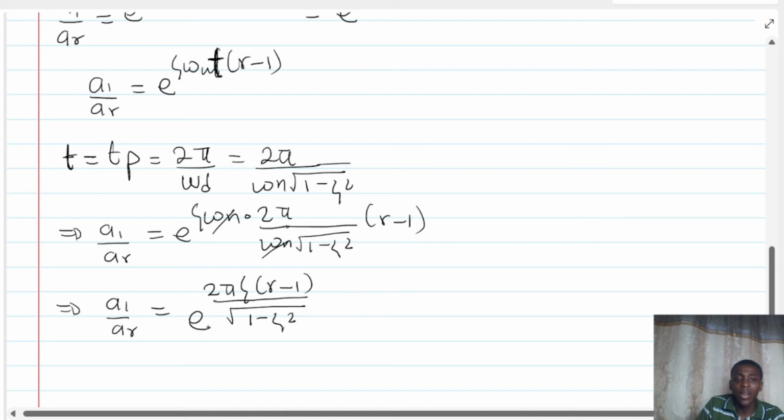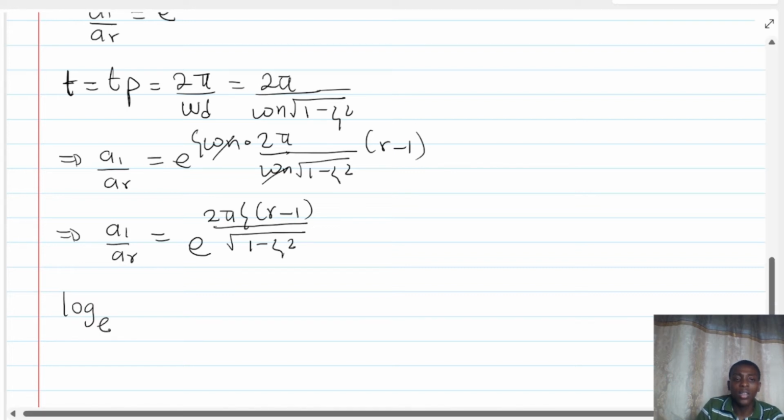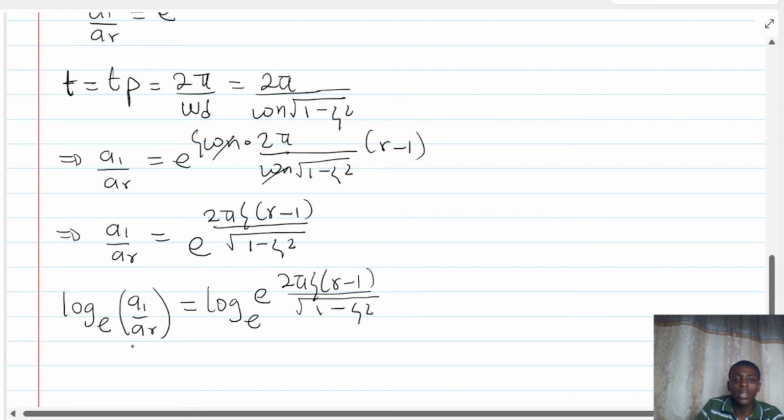Now, how can I get rid of the exponential? I need to take the natural log of both sides. So log e of a1 over ar is the same as log e of 2 pi zeta r minus 1 divided by the square root of 1 minus zeta squared.